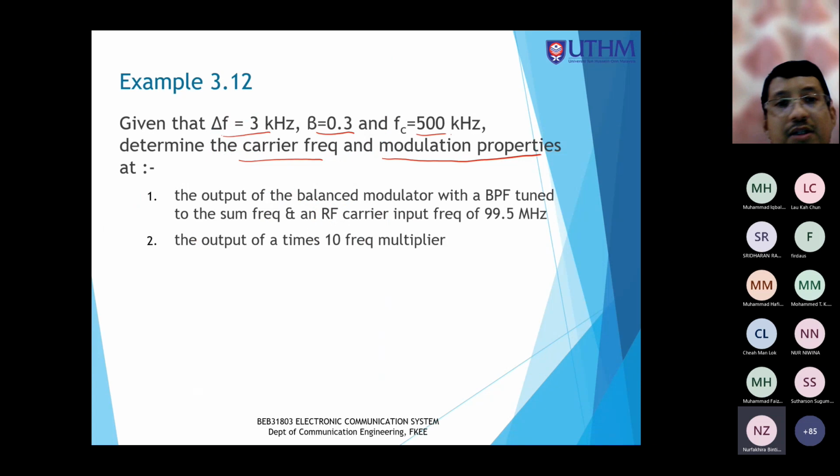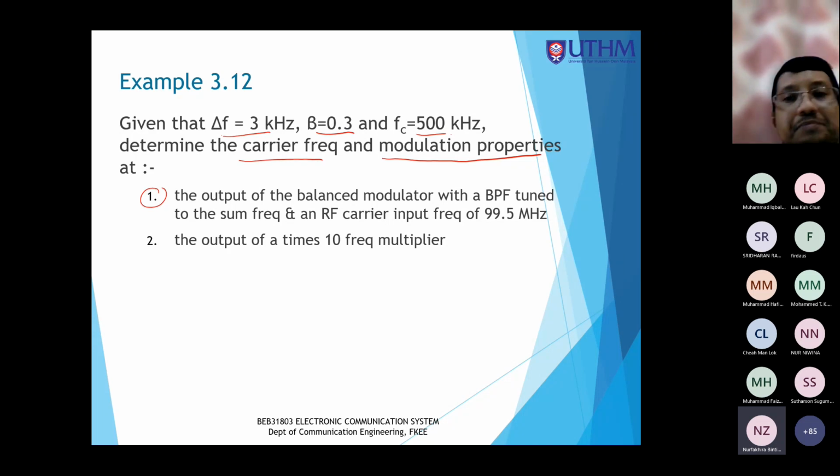From here, the first question asks you to determine the modulation properties if we use the heterodyne process. The second question is about determining the modulation properties if we use a multiplication process.